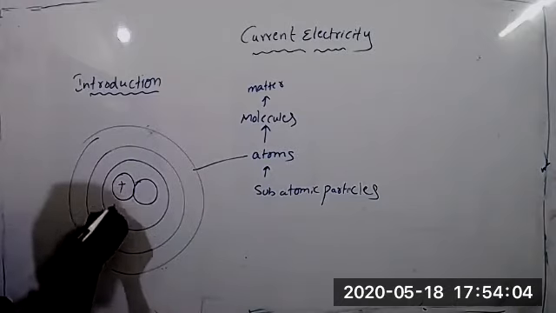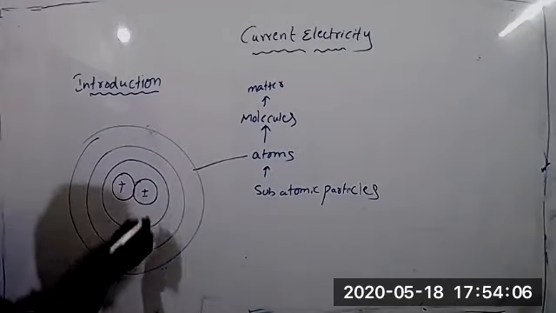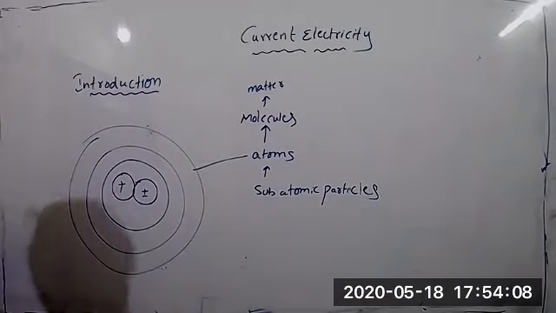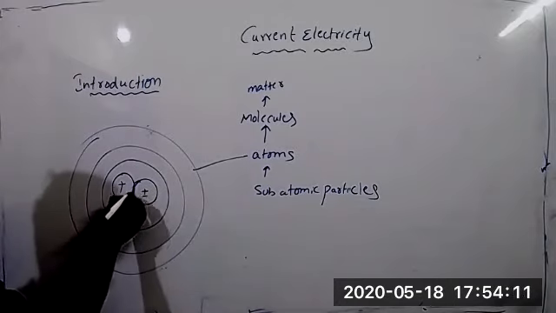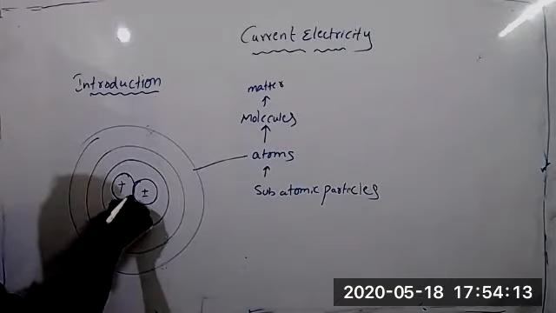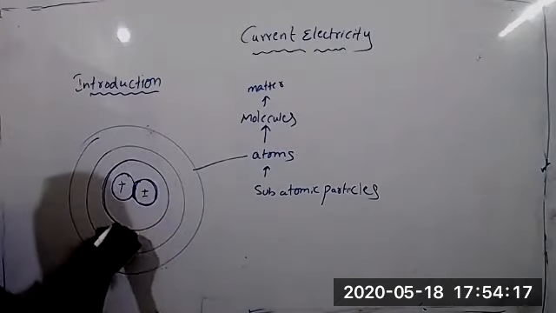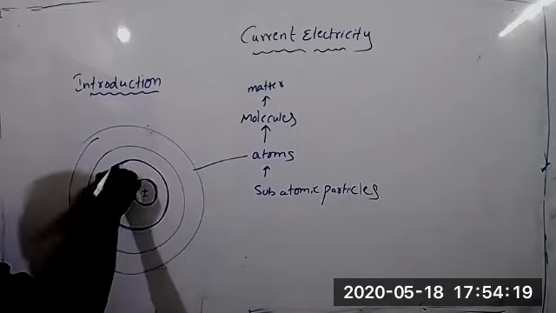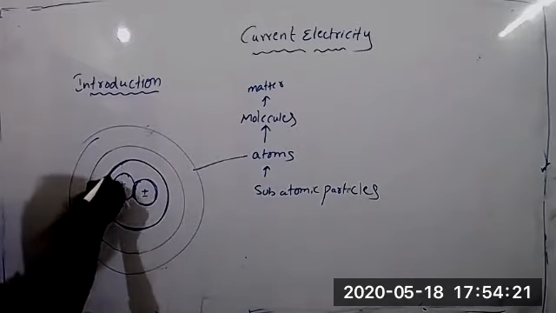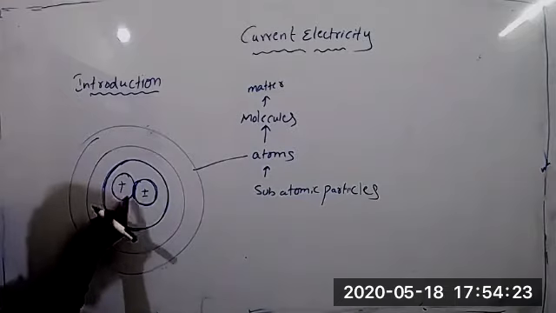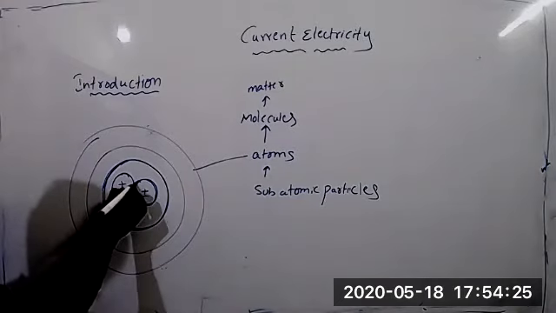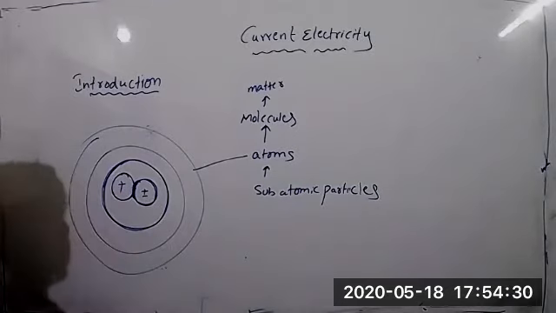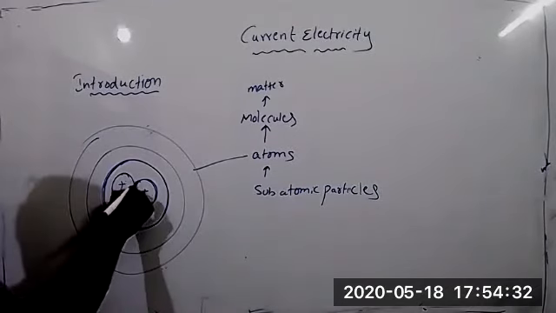This is the proton. Positive charge is nothing but proton. This is the neutron, neutral charge or chargeless. The combination of proton and neutron is called our nucleus. In this nucleus, protons are there, neutrons are there, so these two we call nucleons. What are the nucleons?